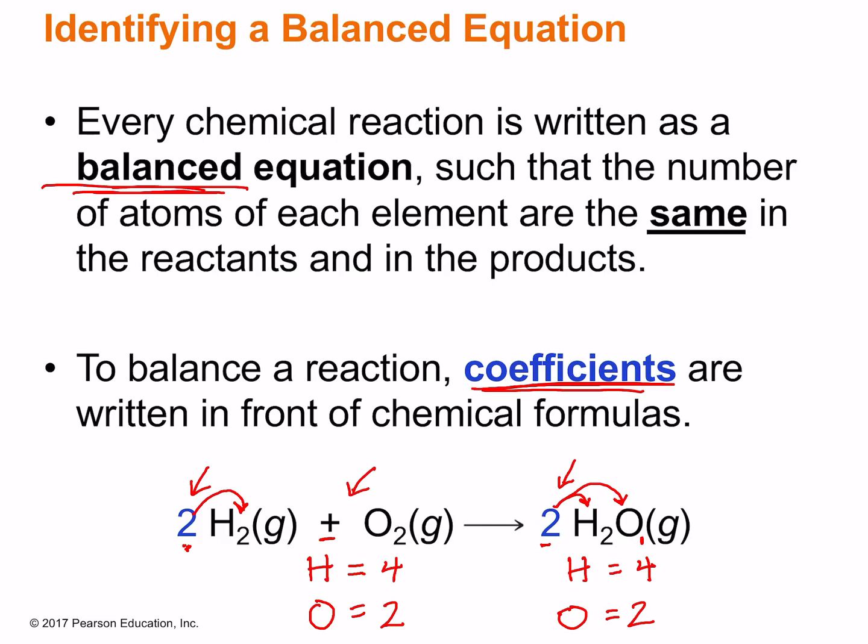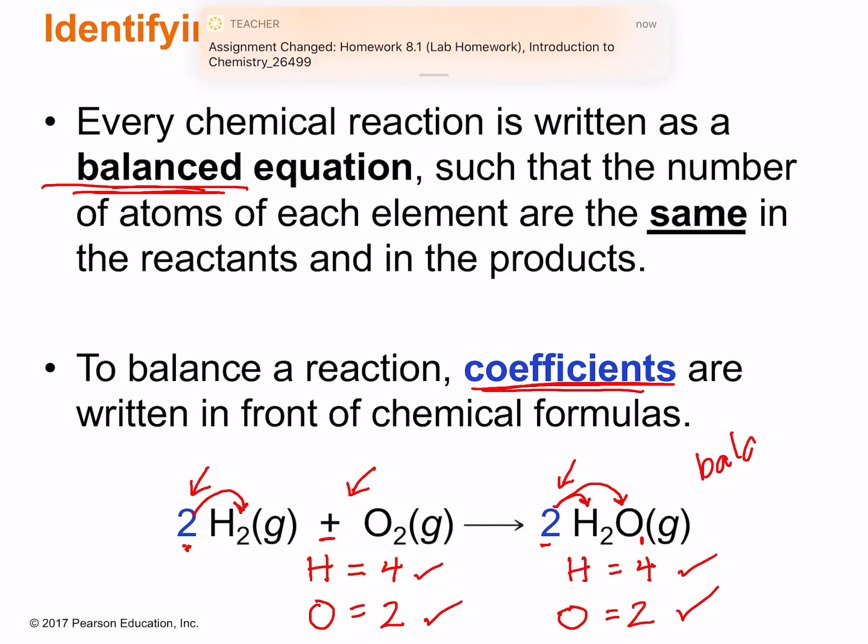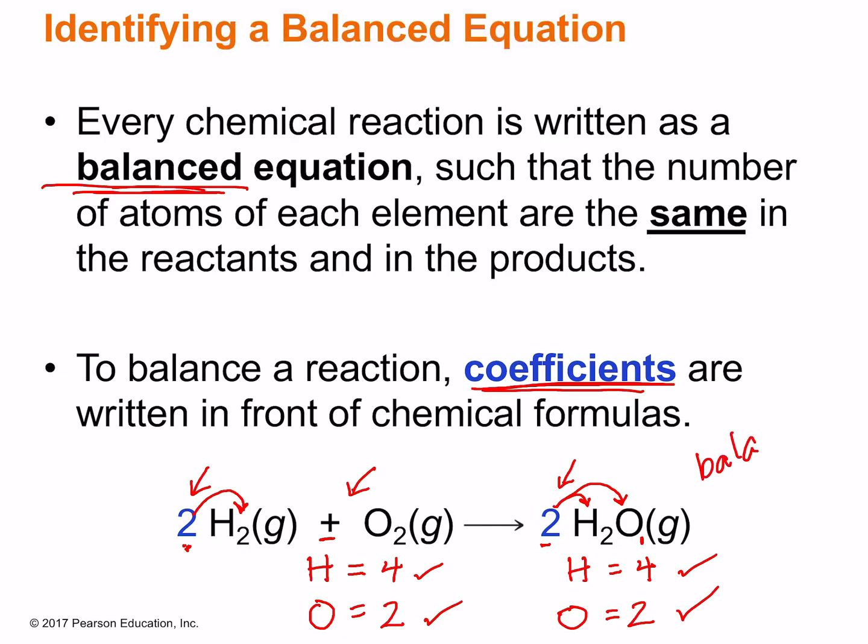So when we look, we have 4 hydrogens on each side and 2 oxygens on each side. So this is balanced, and that is what we are going for. We're trying to make sure that they are balanced, so we're going to add coefficients until we get the same number of atoms on each side.